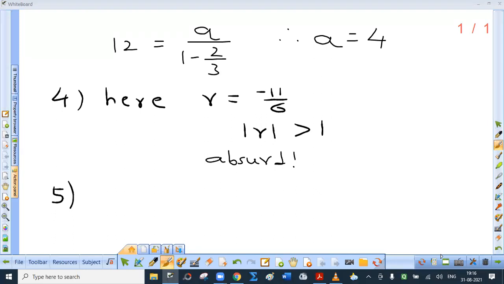Let a be the first term and r be the common ratio of the infinite geometric progression.